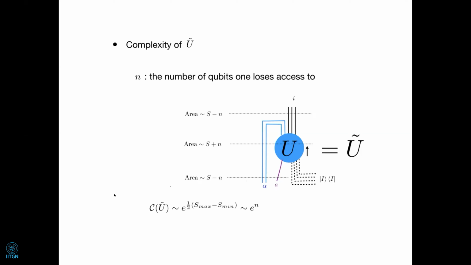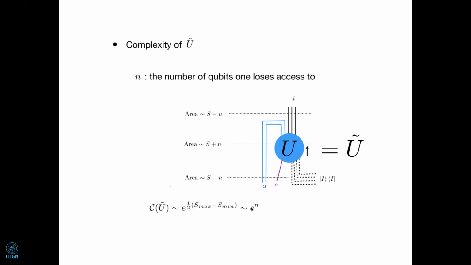And if we just use the conclusion of Python's lunch, what it tells us is that in this case, the complexity, other than the volume factor, will have extra enhancement, which grows like 1/2 of the entropy corresponding to this area minus the entropy corresponding to the smaller area, which grows like e to the n.